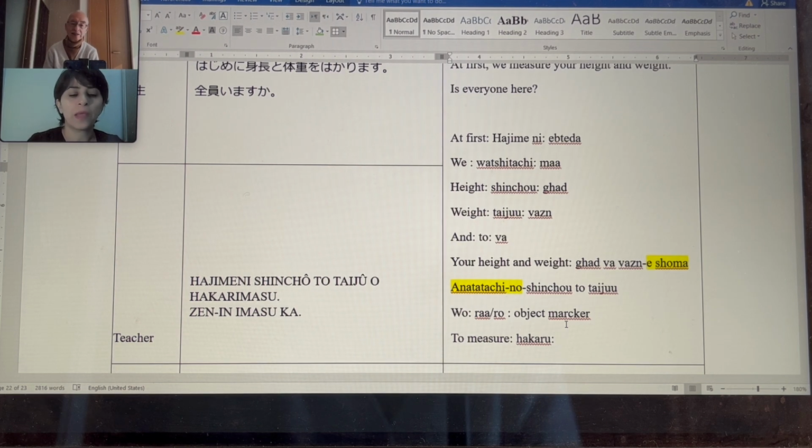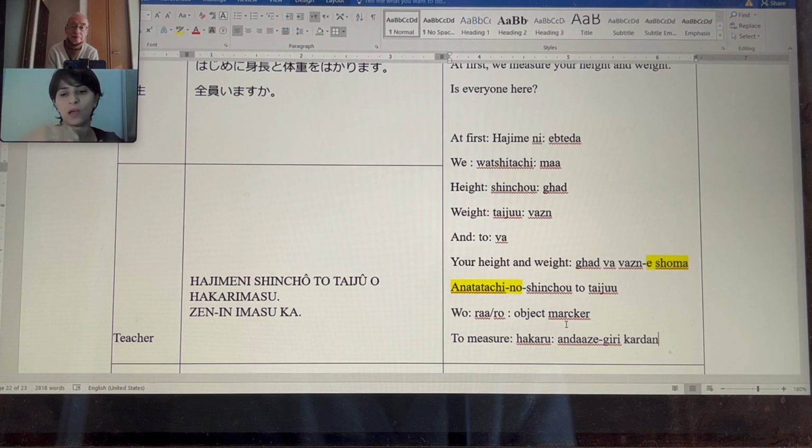In Persian, the dictionary form for the verb to measure is a little bit long, because it's a compound verb, a noun plus the main verb. The noun is giri, and the main verb is kardan. So andaze-giri kardan means hakarimasu.